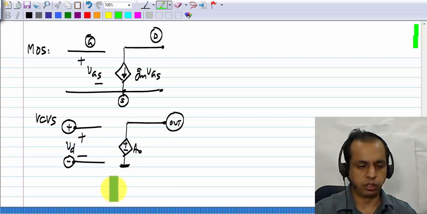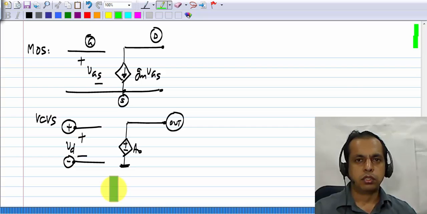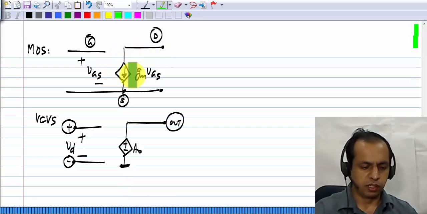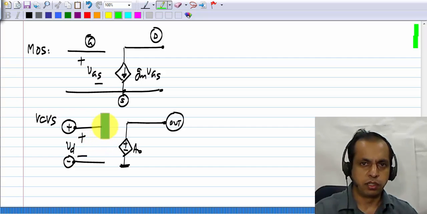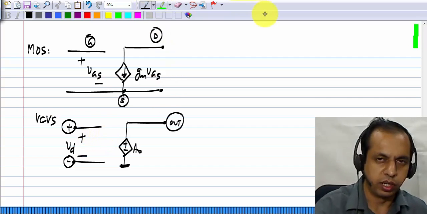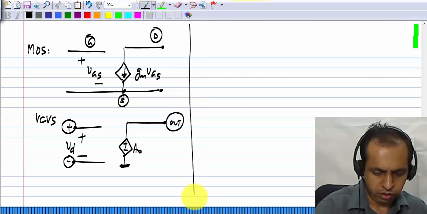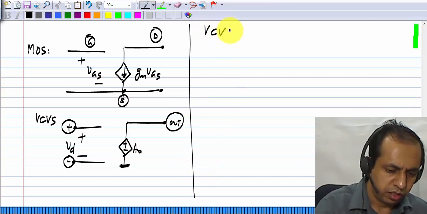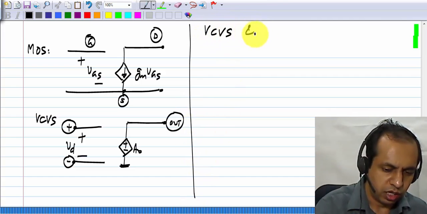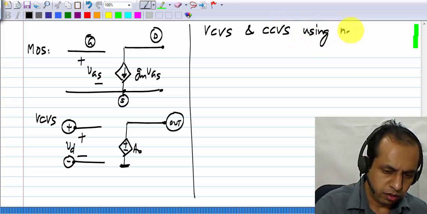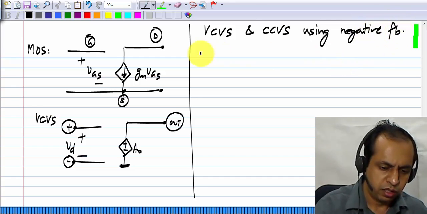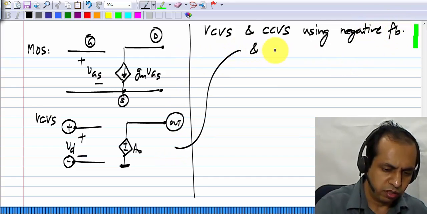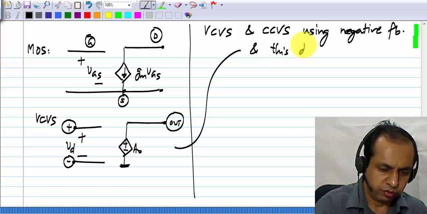This one side is connected to ground and so on. So now instead of using the MOS transistor, we can try to use this basic device and implement our control sources using negative feedback. That is, we will implement a voltage controlled voltage source and a current controlled voltage source using negative feedback and this particular device.